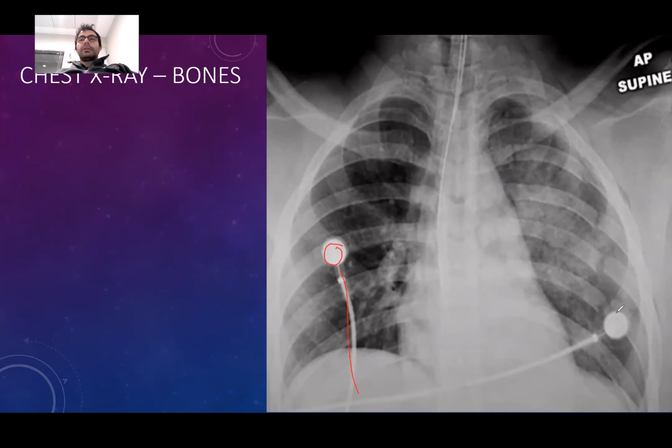What else? I'm seeing ECG probes. What else? I'm seeing some marginal difference between the right and left lung. There are some areas of increased density in almost all of the left lung. This can be due to contusion, because this patient probably has a lot of costal fractures, like this one, this one, this one.